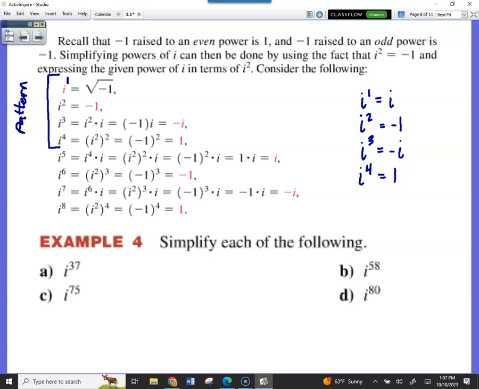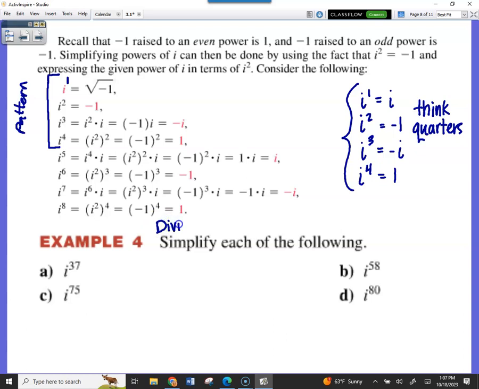Now, the good news is you don't necessarily have to memorize that per se, but you can generate that list, and then I want you to think of quarters. Here's why I want you to think of quarters. You're going to simplify these i to the powers down here.